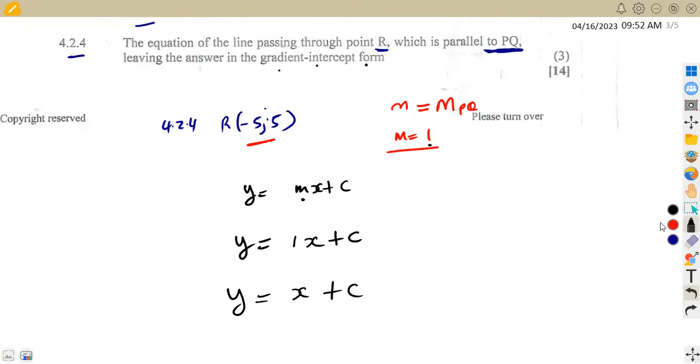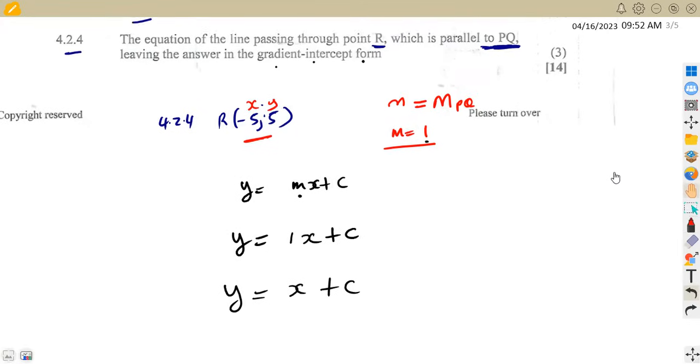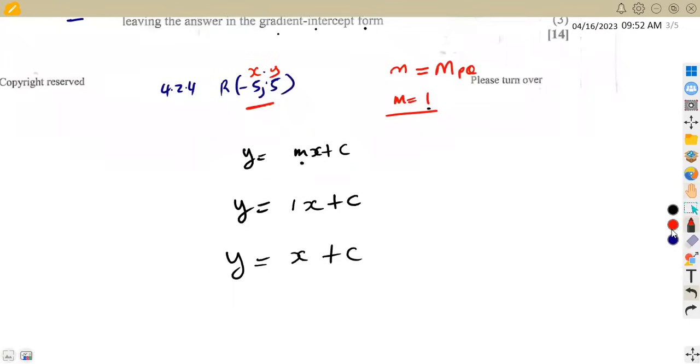This time we are given the point, so we're supposed to substitute the value of x and the value of y. At the point R, y is equal to 5, while the value of x at that point is -5. So you substitute x here, which is 5 = -5 + c. So now we can determine the value of c by transposing -5. This is going to be 5 + 5. So our c is going to be equal to 10.